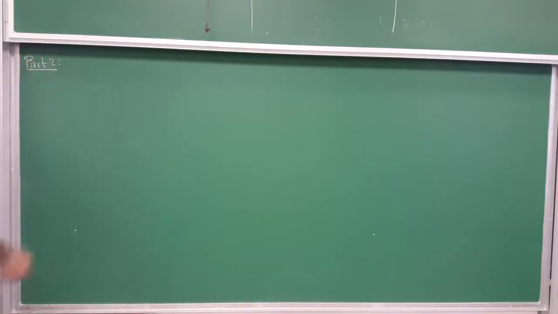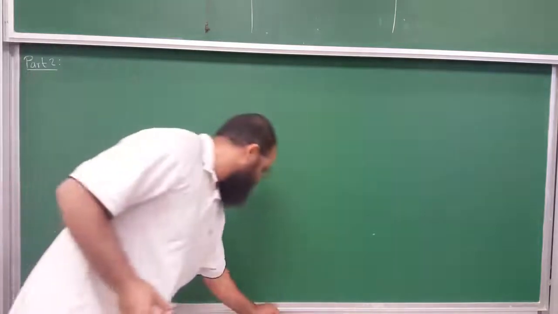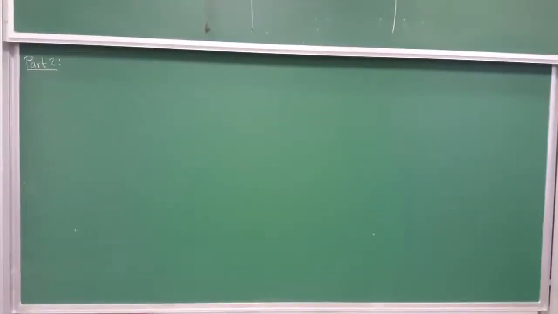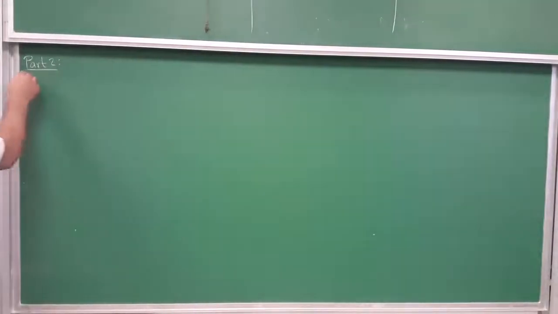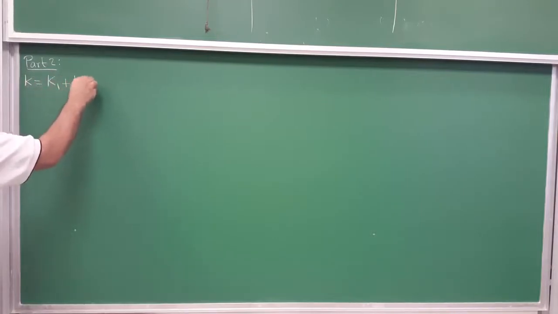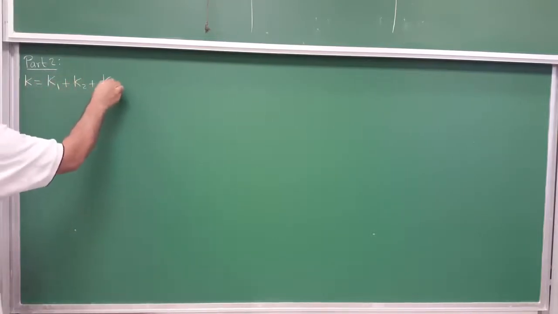So for this whole system, I'm running out of chalk. Let me get something a little longer than this. So the kinetic energy of the system is K, and it will have the kinetic energy of the first mass plus the kinetic energy of the second mass plus the kinetic energy of the pulley.